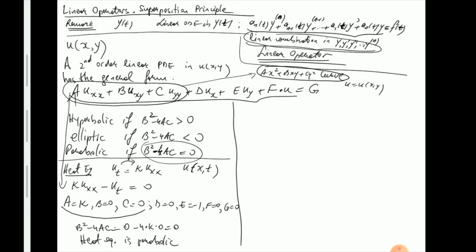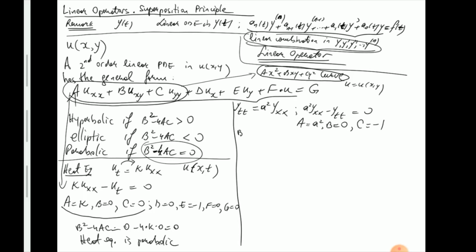What about the wave equation? The wave equation looked like this: ytt equals a squared yxx. Again, if we write it in the standard format, then big A is a squared, big B is 0, and then C is minus 1.